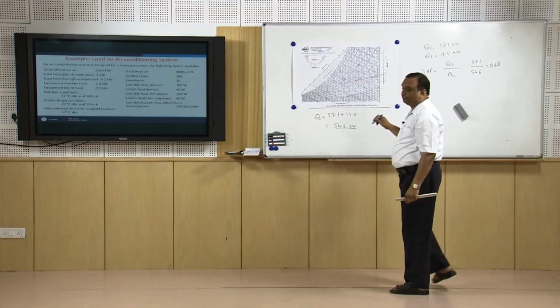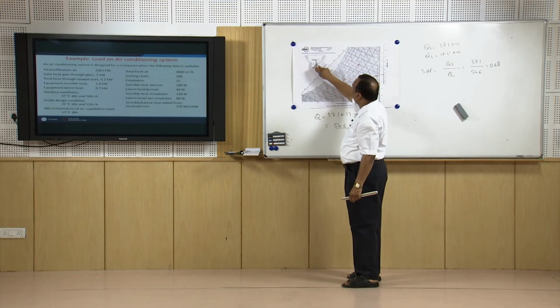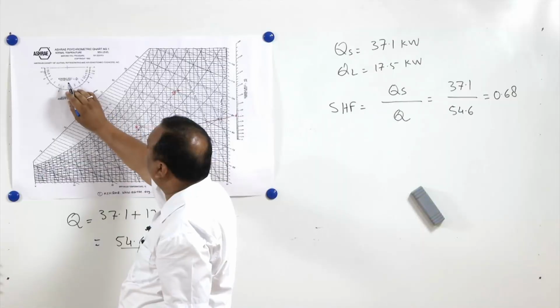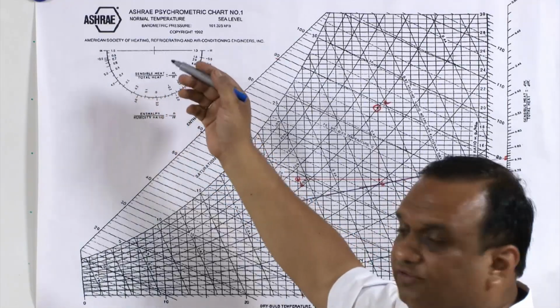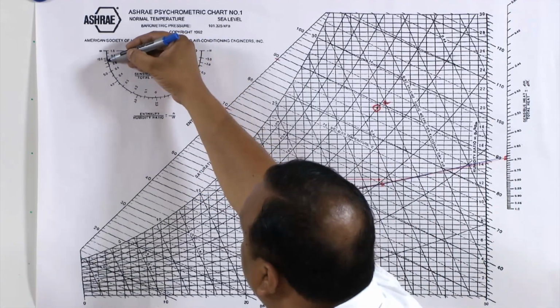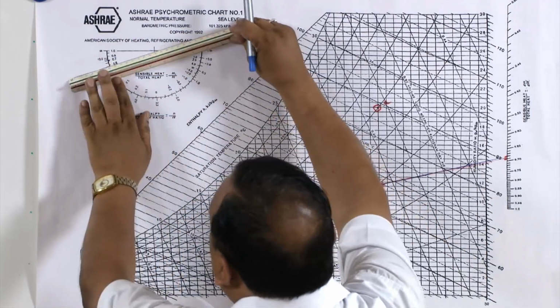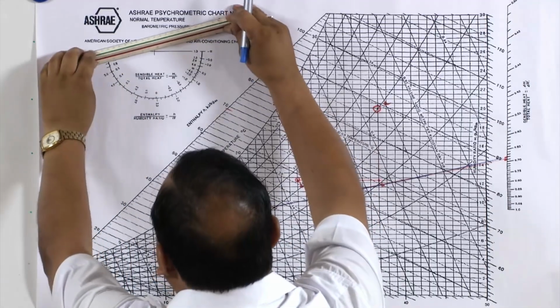There is another way also of drawing this line. There is a half circle here. The inside marks of the half circle show the ratio of sensible heat and total heat, that is the sensible heat factor. So here also I can locate 0.68, that is going to be like this.